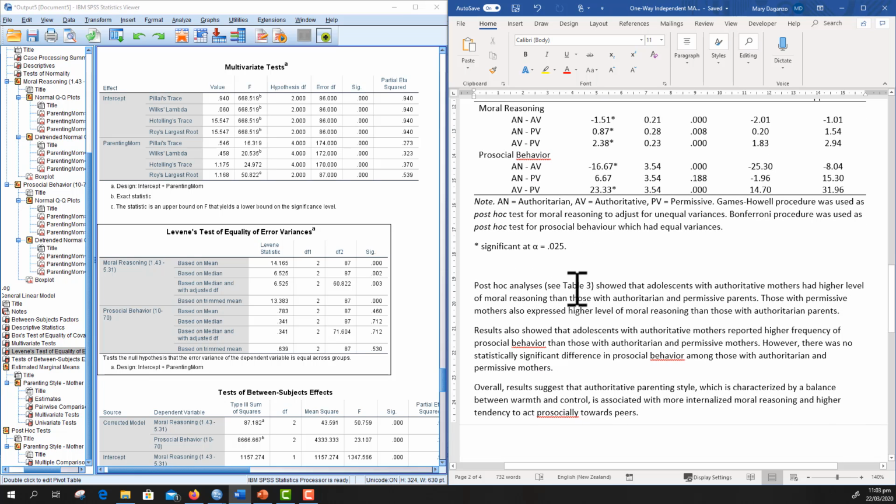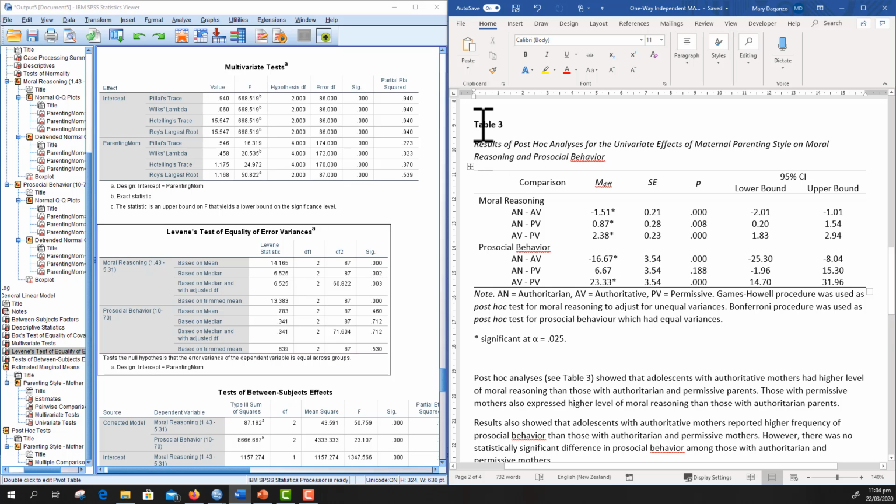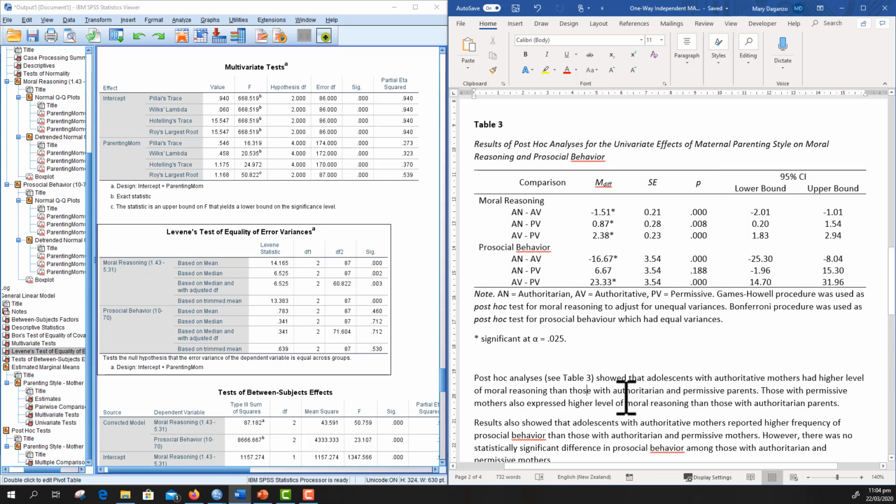Okay, so post hoc analysis, see Table 3, showed that adolescents with authoritative mothers had higher levels of moral reasoning than those with authoritarian and permissive parents. So again, when the results are reported in table form, you do not have to write the numbers in text.